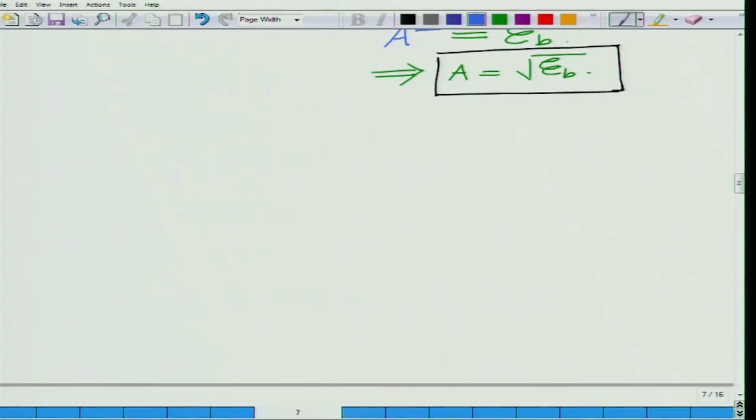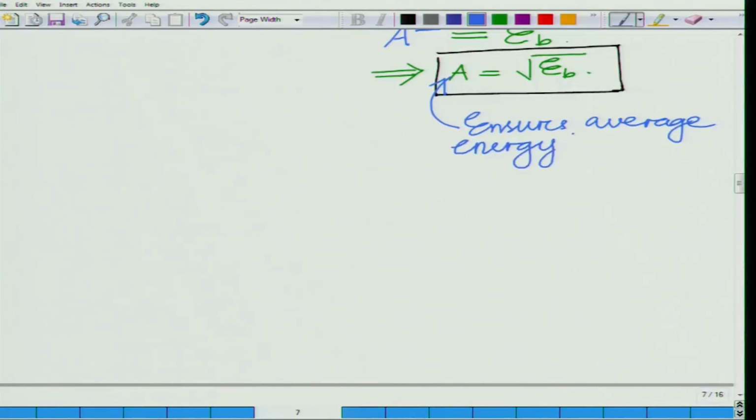So, A equal to square root of E b ensures that the average energy per bit equals E b.